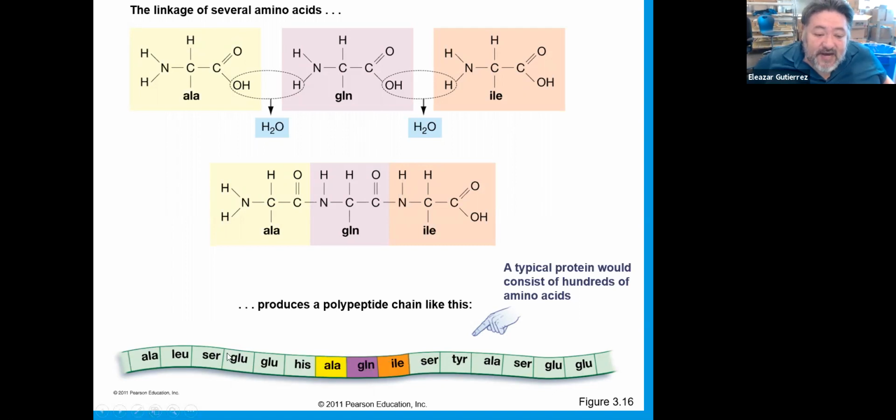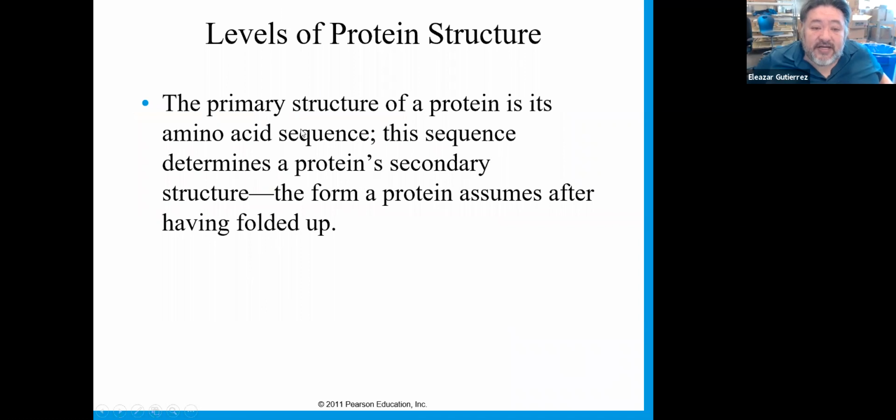This is the amino acid sequence, okay? And that is called the primary structure of a protein, okay? This primary structure, this sequence of amino acids, determines or dictates the secondary structure, okay?